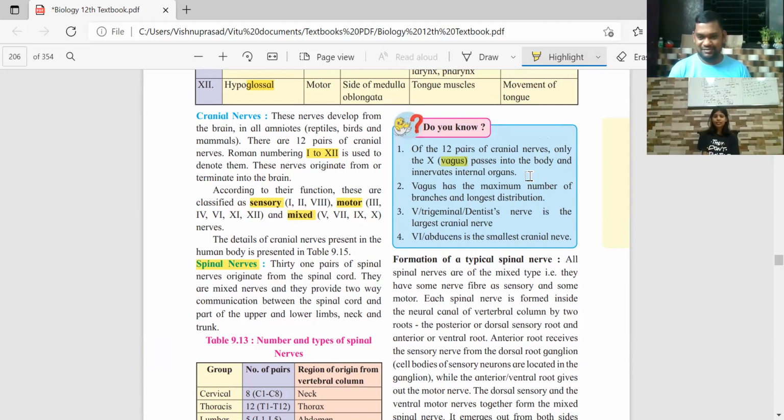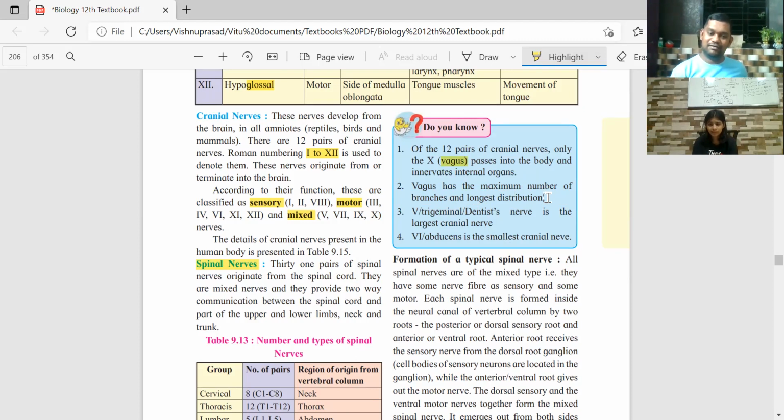The vagus has the maximum number of branches and also the longest distribution.